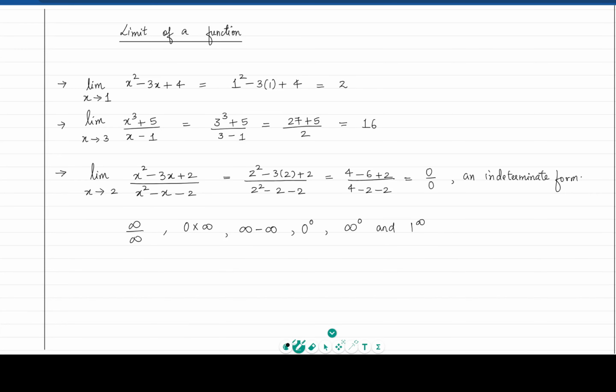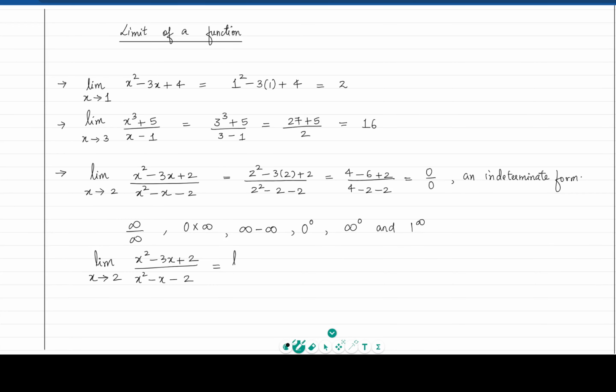So here in the same problem, I'm going to factorize the numerator and denominator. We can see both the numerator and denominator are quadratic functions. So how can we factorize them?